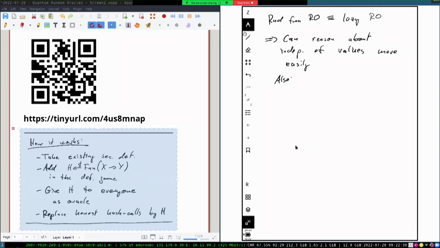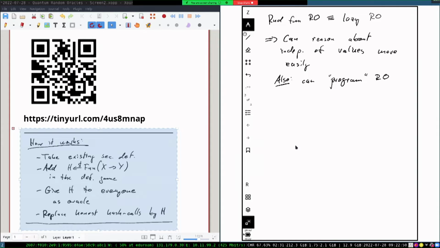Another very useful thing is that we can what we call program the random oracle. For example, when something hasn't been queried yet, instead of picking it randomly, we put something there that we want there.